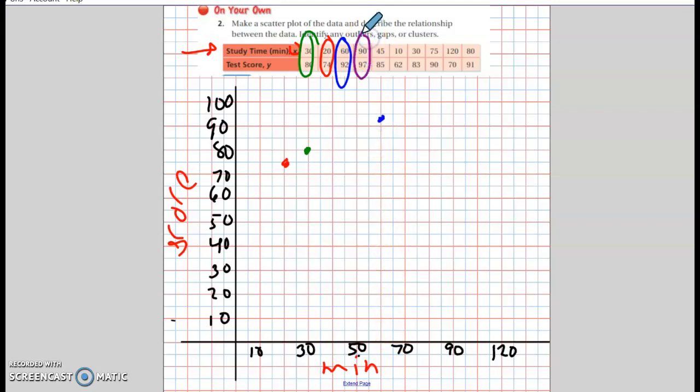I'm going to go 90, 97, so over to 90, 97, about up here. 45, 85, so there's 45, 85. I'm starting to see a positive linear trend here.